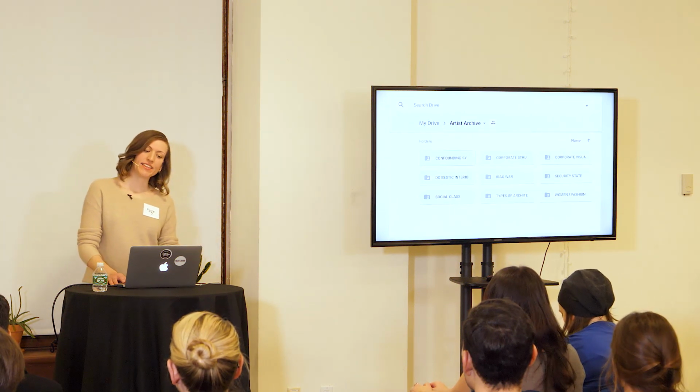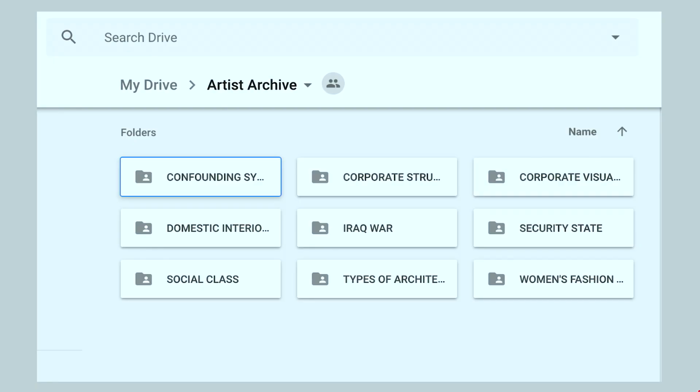Here I've classified 250 images from my own artist archive, specific to a particular body of work, into broad categories based on my interests. These high-level categories have subcategories.